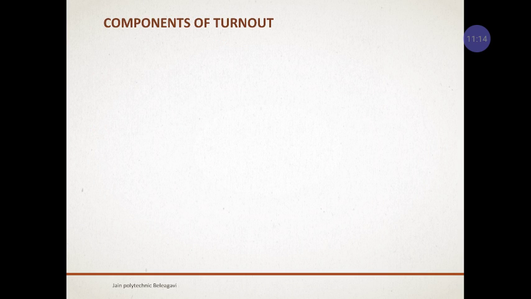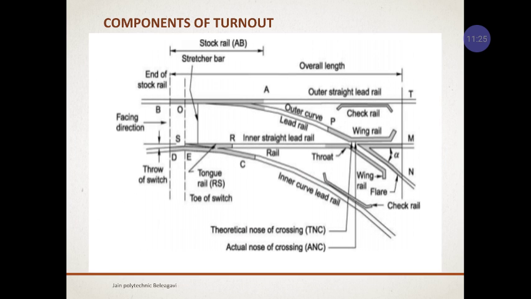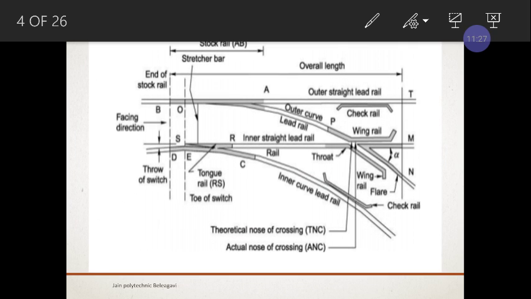Now we'll study the various components of the turnouts, that is points, crossings, and other components. These are the components of the turnout. What was the first definition?